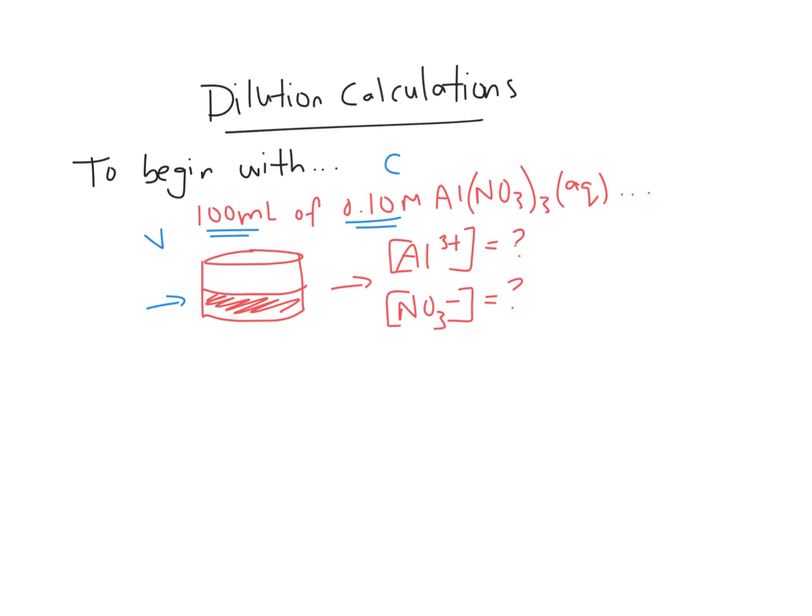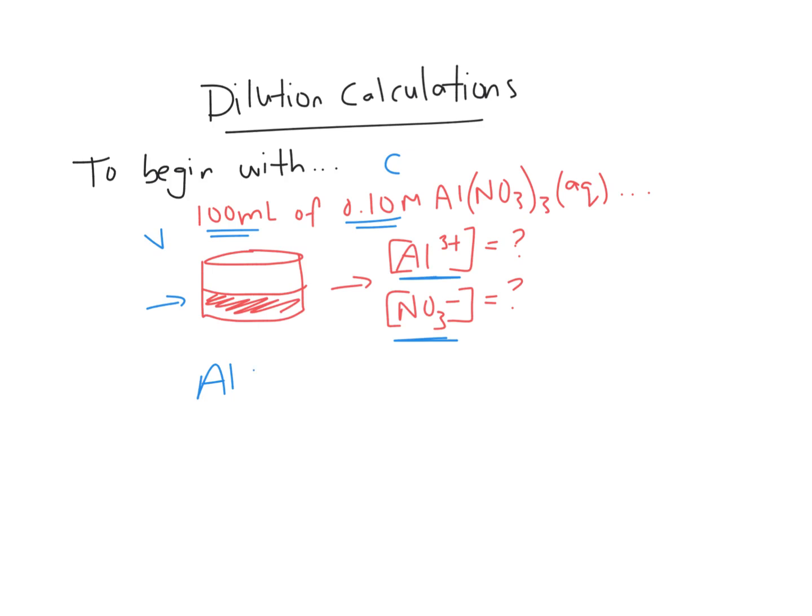And so you should be comfortable with extracting the ion concentration of each respective ion in that solution. There's your two ions: the aluminum ion and the nitrate ion. So how do you figure out those concentrations?